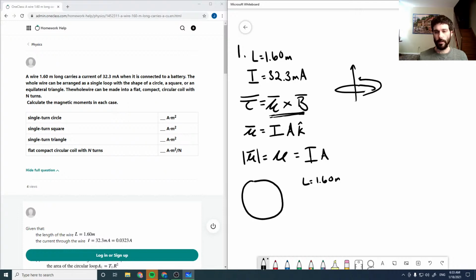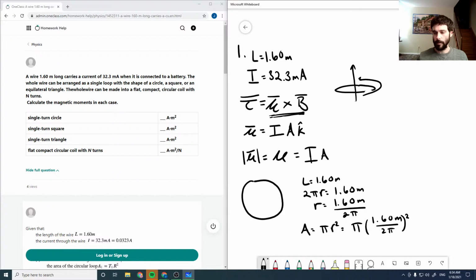The length of a circle is its circumference, so 2 pi r is equal to 1.60 meters. So then r is equal to 1.60 over 2 pi, and its area is pi r squared, which is pi times (1.60 meters over 2 pi) squared.